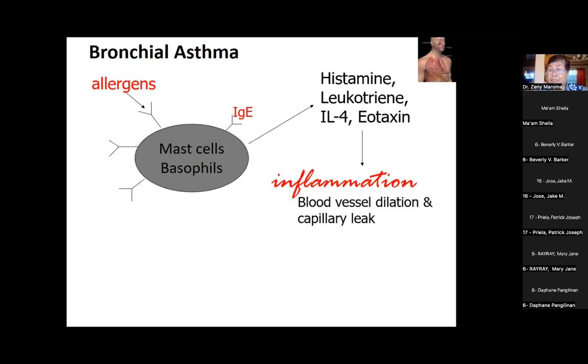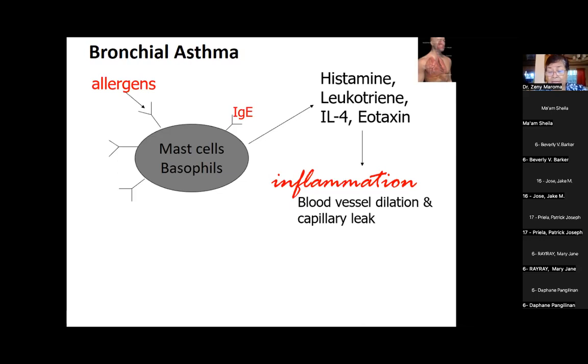vasoactive-like substances, meaning it causes effect on the blood vessels. So the vascular response is momentary vasoconstriction followed by vasodilation. Ayan. So there's blood vessel dilation. So meaning there's increase in blood flow and increase in blood hydrostatic pressure, and increase in capillary permeability.